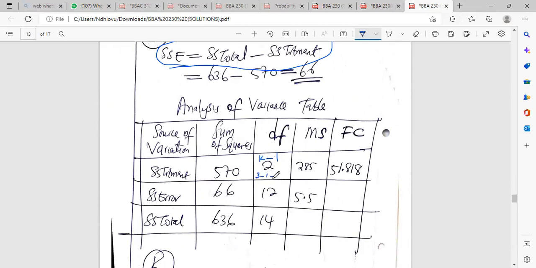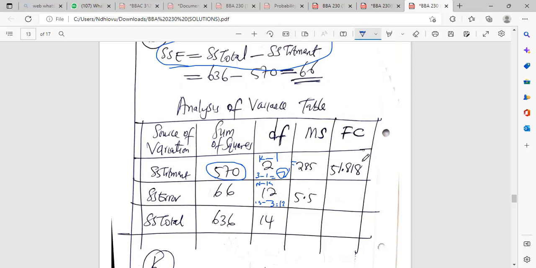That's where the 2 came from. Then this other one is N minus k, where our N is 15, so 15 minus 3 gives us 12. Then we can start finding the mean square: 570 divided by 2, we are getting 285.